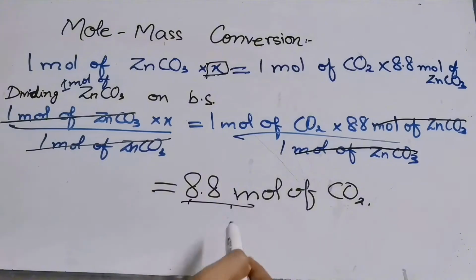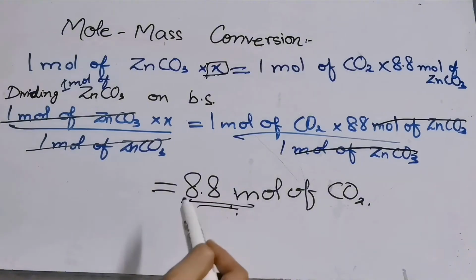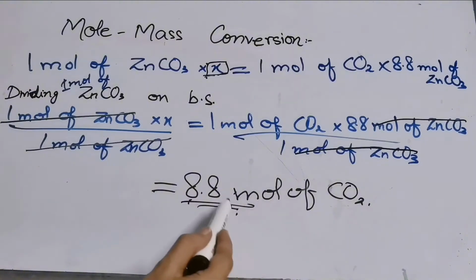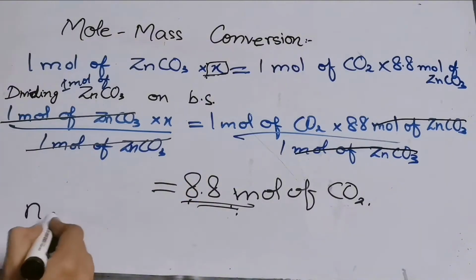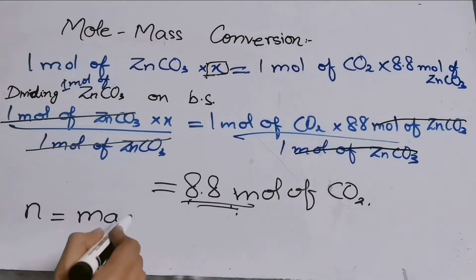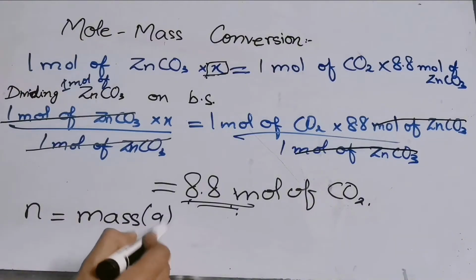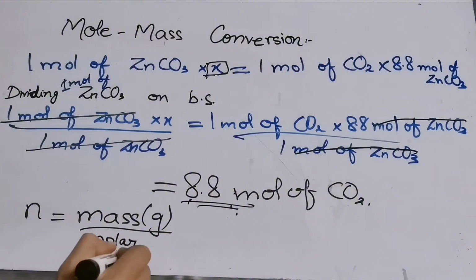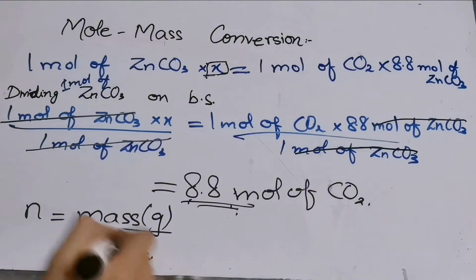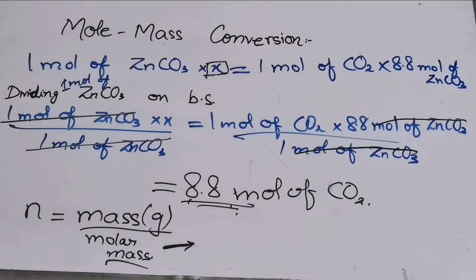Now what do we have here? We have the moles of carbon dioxide, so now we will convert these moles into grams. What was the formula? Number of moles is equal to mass in grams divided by molar mass. We have to find the molar mass of carbon dioxide, so let us find it.